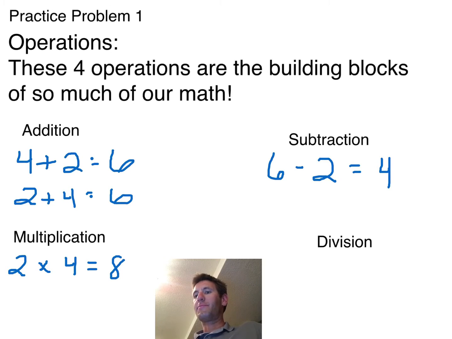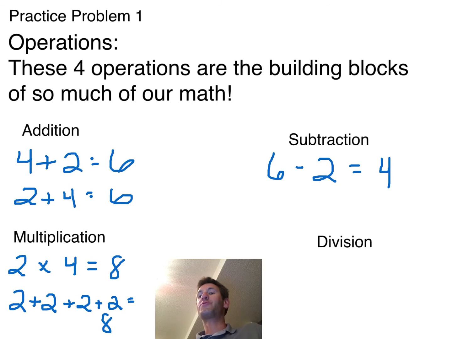We'll get into that in the multiplication unit more, but multiplication is the same as saying 2 plus 2 plus 2 plus 2, and that's going to give me an answer, or a product, of 8. So the answer to a multiplication problem is called a product. What I did here is I took the number 2 and I multiplied it 4 times: 1, 2, 3, and 4.